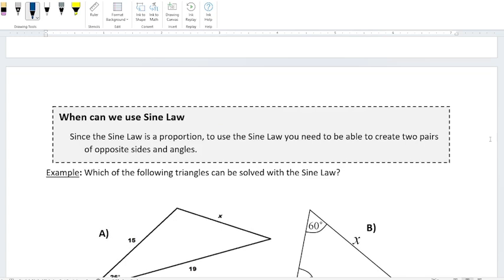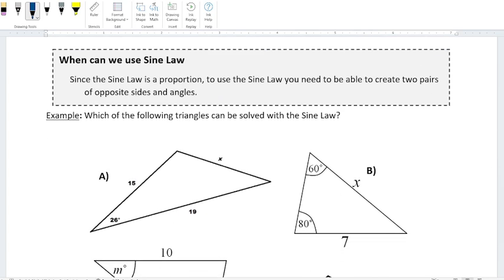So let's take a minute here again. How do we know if we can use sine law? Well, since it's a proportion, we have to create pairs of sides and opposite angles.